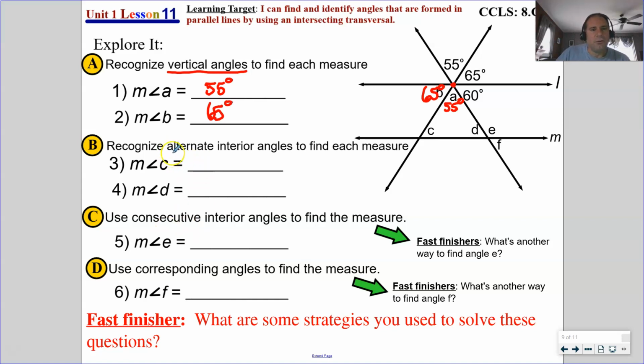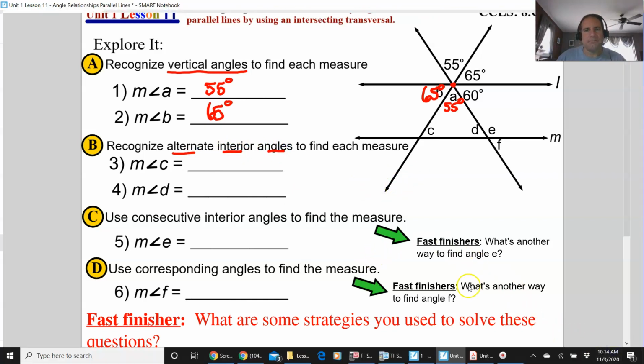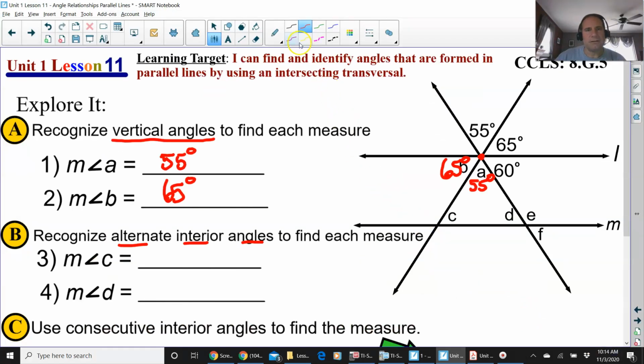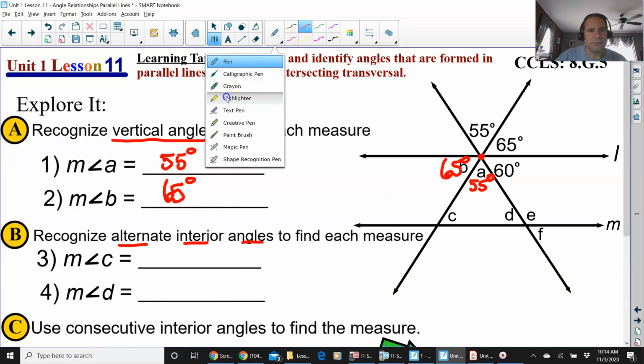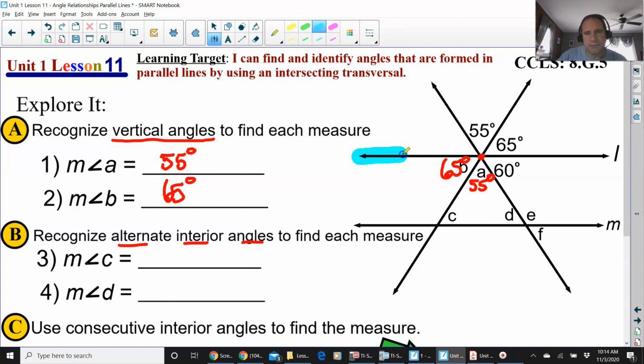All right, so alternate interior angles. Alternate interior angles are inside and across from each other. I'm going to highlight this because I don't know if you realize, but these are parallel lines. And this is a transversal.